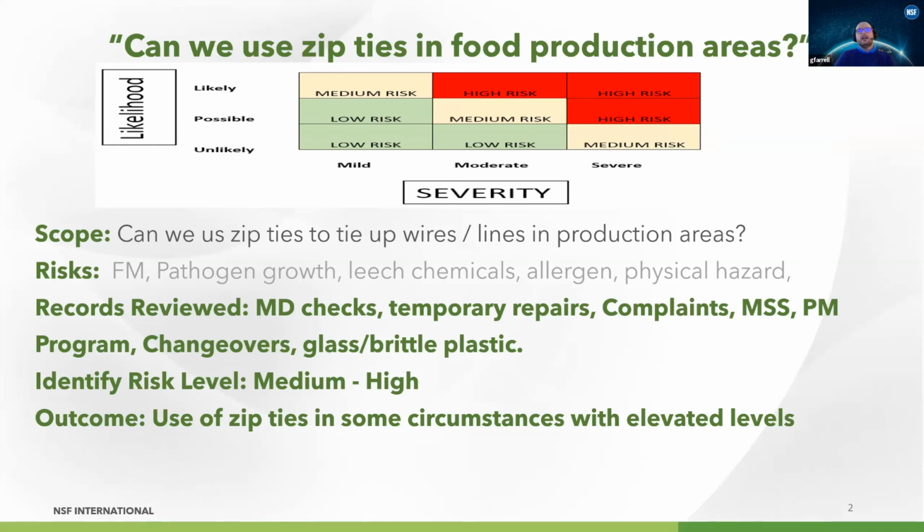We looked at it, and we come out medium risk or high risk in most cases, which would allow us to not use it in the high, but in the medium, we would use the zip ties in some circumstances with elevated levels. So we would beef up our records to reflect that we're inspecting. If there are allergen issues, we'll put it into a changeover procedure, et cetera. It was really good discussion. I like that the group was as engaged as they were. It was really nice to work through that as a group.